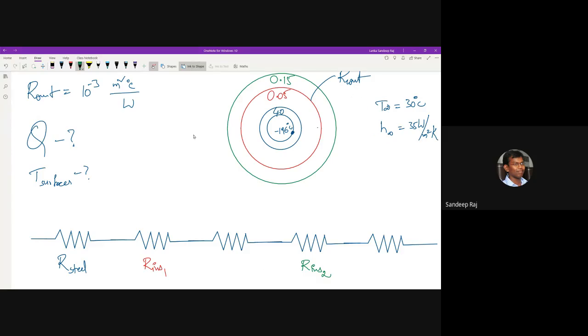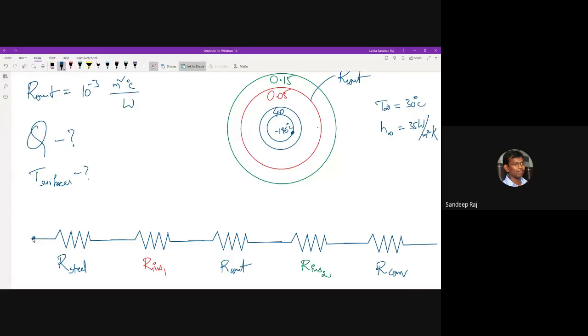Many times this may be missed. This R contact is given, and it also should be considered. That's what people will miss. That's why you probably said four resistances will exist. But here there will be five resistances, the fifth one being the resistance due to convection that is present outside.